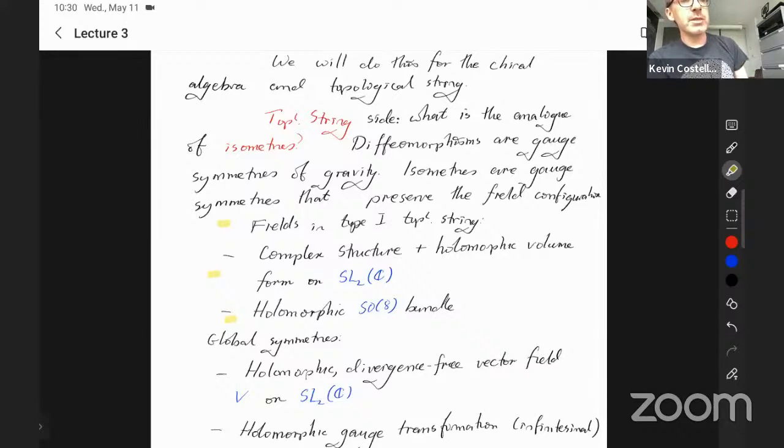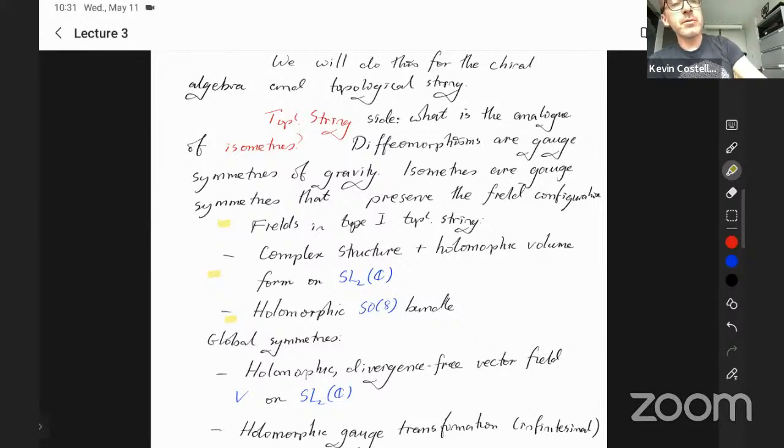So what are the gauge transformations of this data? Well, the complex structure is really a part of the metric, so the gauge transformations are diffeomorphisms. Those which preserve the vacuum field configuration, though, because we don't have all of the components of the metric, we're not just looking at isometries, we're looking at those diffeomorphisms which preserve the complex structure.